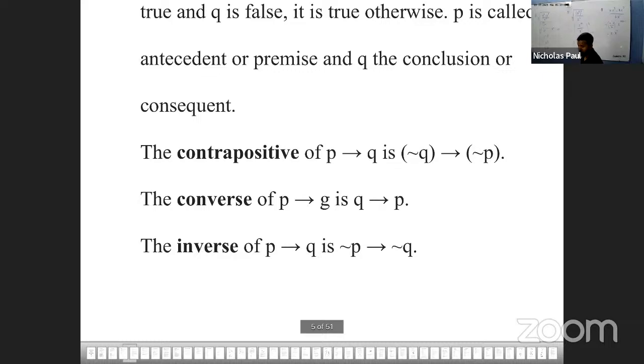Ready? Right, so I want you to try one here from the face. I want you to find converse, inverse, contrapositive of negation of Q implied P. Find contrapositive, converse, and inverse of that from the face. Each one.